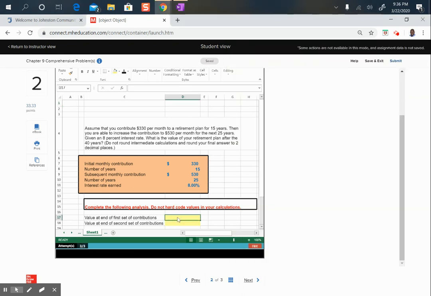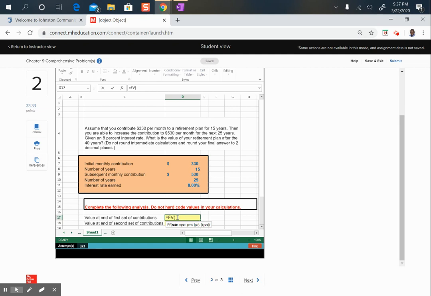So here is the future value. We are looking at the value at the end of the first set of contributions, which is basically at the end of the 15 years, and therefore we are looking at a future value problem. So the future value of those series of payments, again, this is an annuity problem. The rate for us here is 8% per year, but per period, because we have 12 periods per year, we need to determine our rate per period.